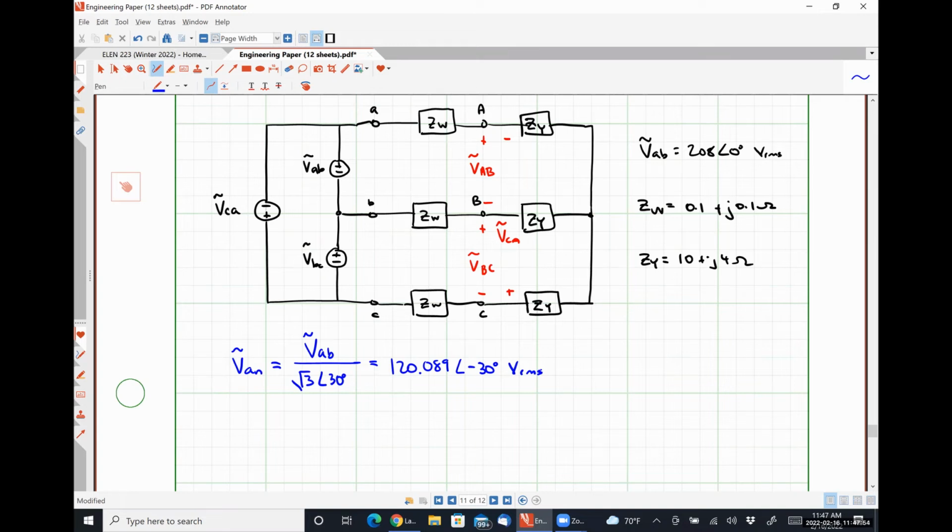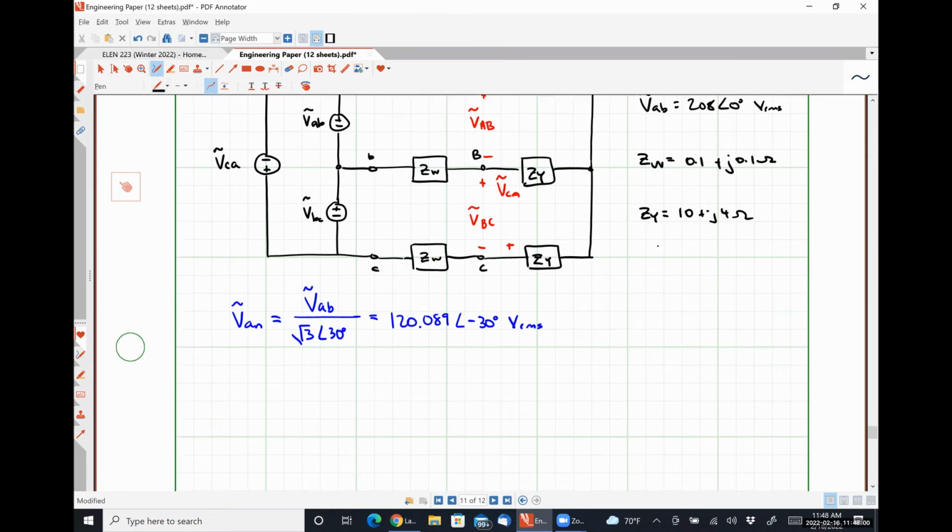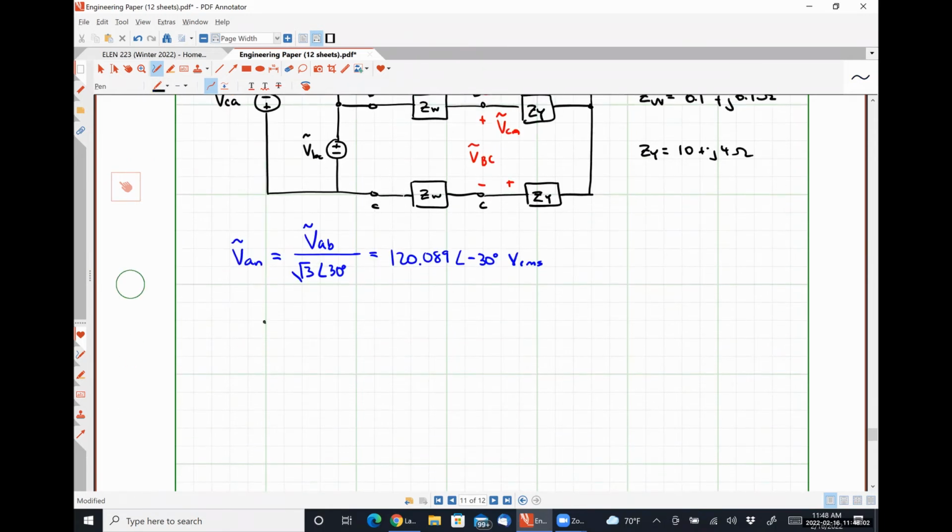All right. So our three-phase equivalent circuit is going to look like this. Excuse me, our single-phase equivalent circuit. My apologies. Here's VAN, which we know.